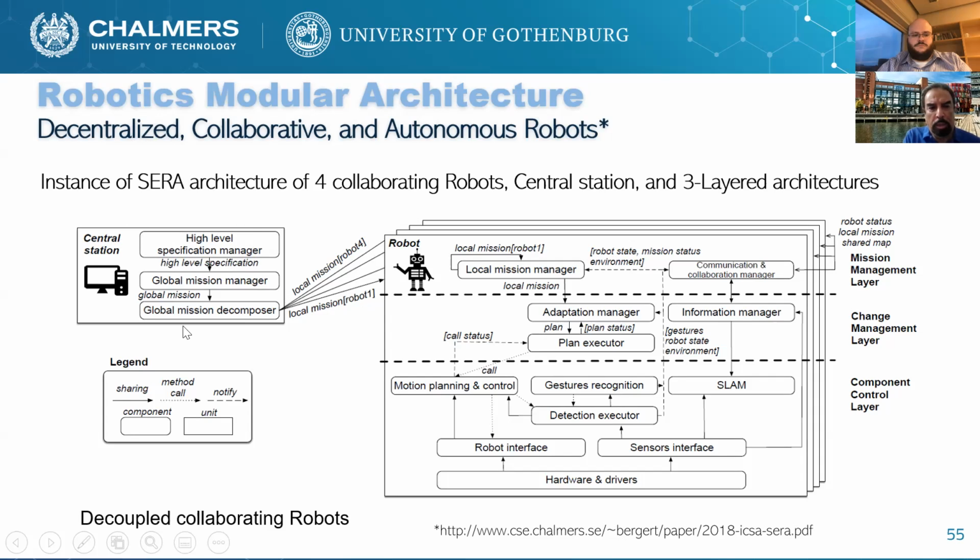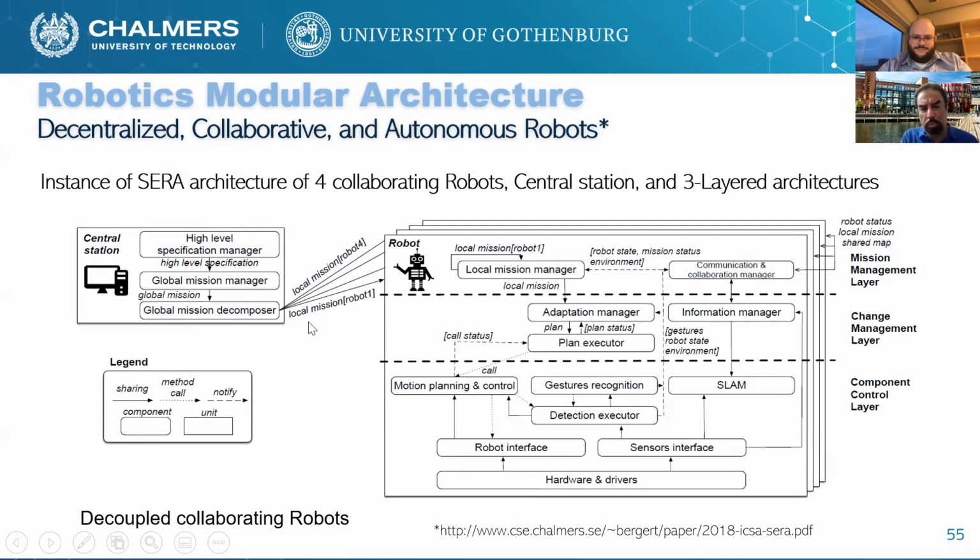And then here is the central station to control the mission, design the mission. It's not to provide intelligence or give commands to the robots on what to do, but just to change the routine, change the software, and monitor the robots, making sure they are doing what they are supposed to do.